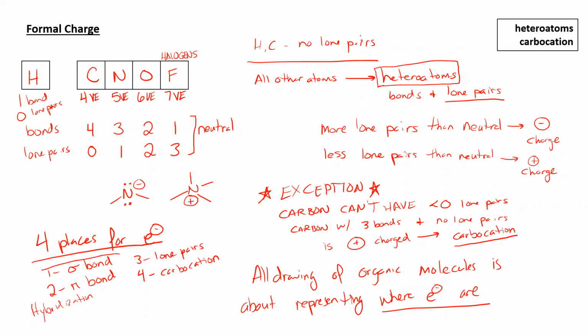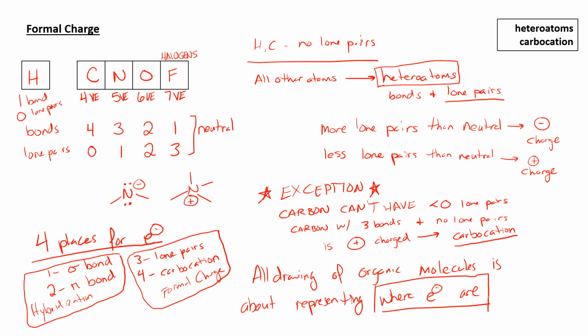Hybridization feeds into sigma bonds and pi bonds, and formal charge feeds into lone pairs and carbocations. And so we're going to use these 2 tools now to help us figure out where the electrons are.